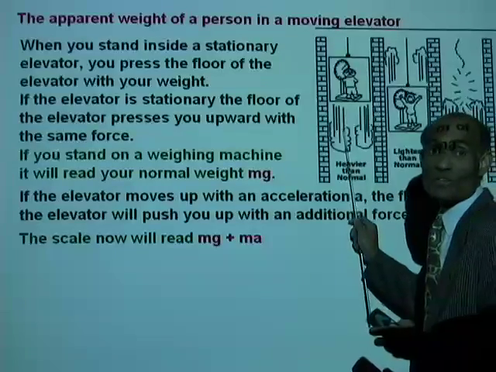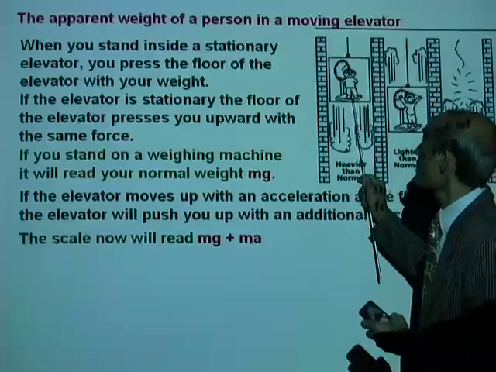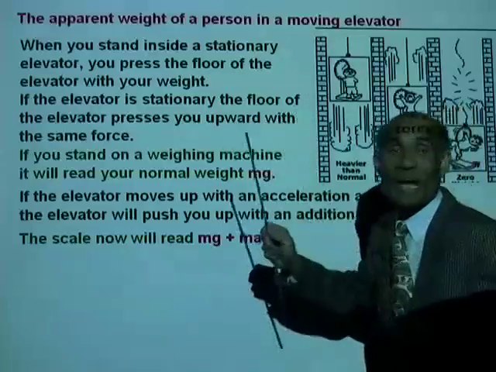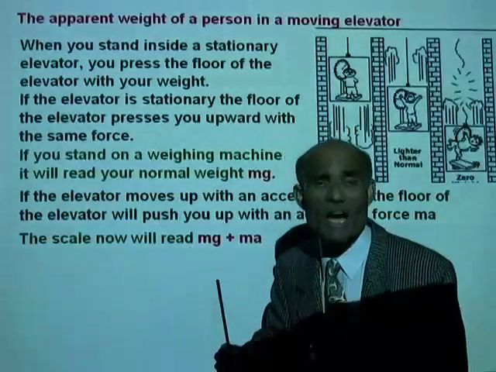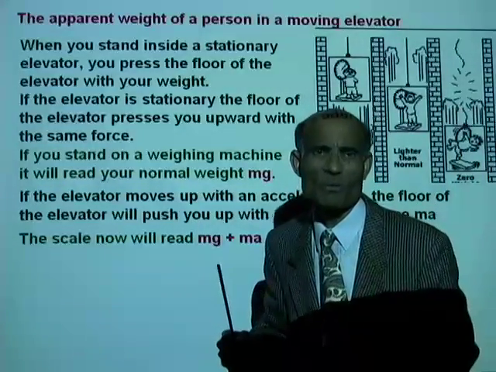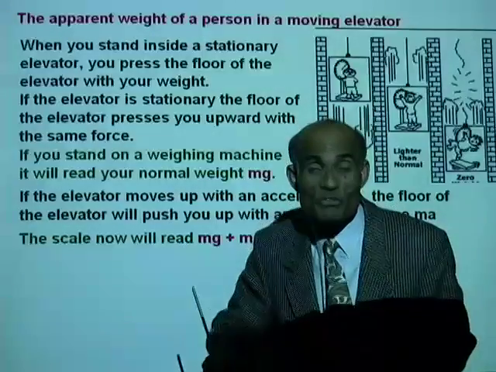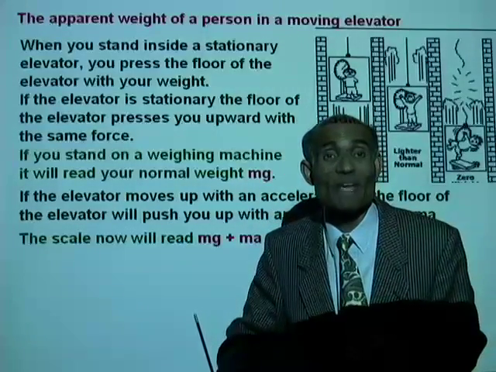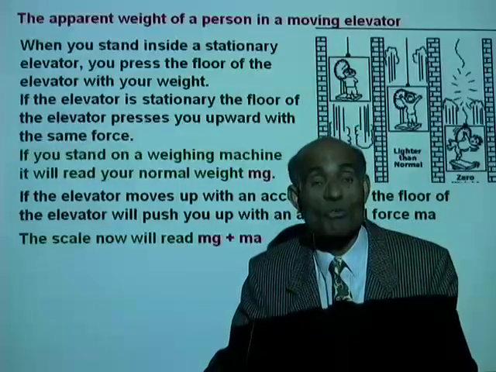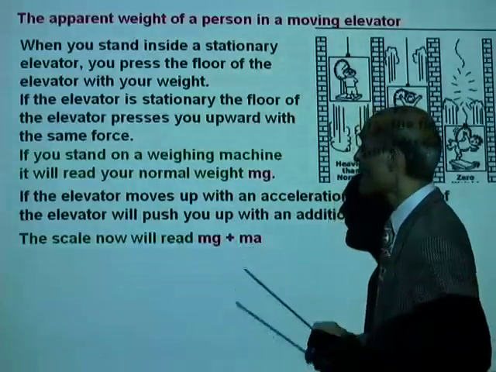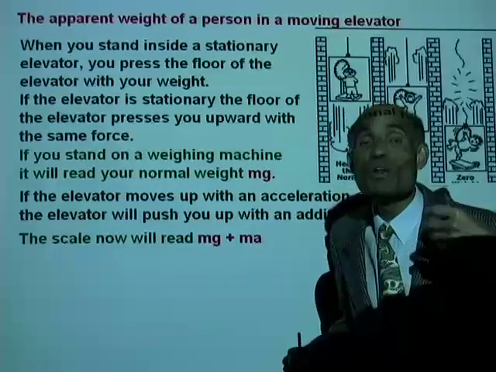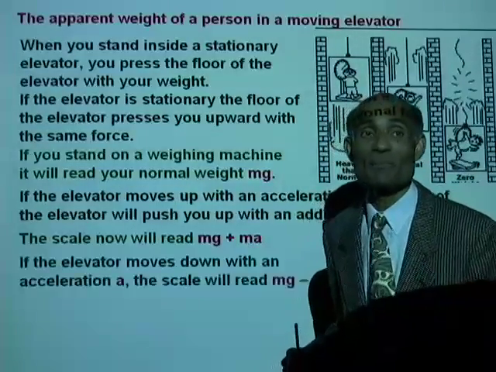So here you can see the elevator is accelerating up and you are buckling down. Well, I'm exaggerating though. But you are pressing onto the floor of the elevator with a greater force, that is mg plus ma. You will feel heavier.